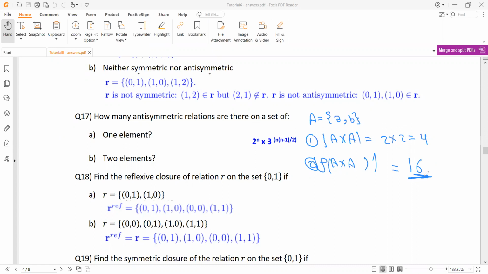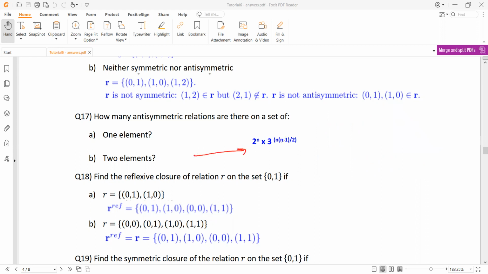So the main issue here is that if you have A goes to B, you don't have to add B goes to A. Which means don't list all the relations for the 4 combinations. So I'm gonna do it step by step.